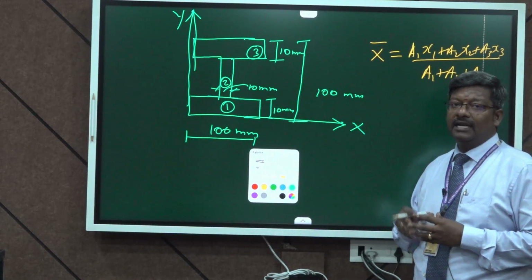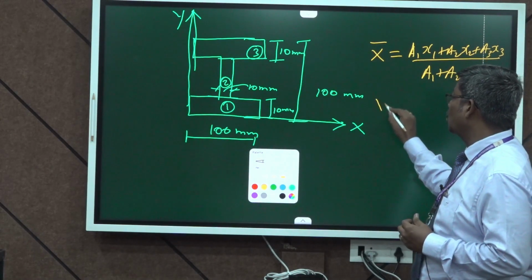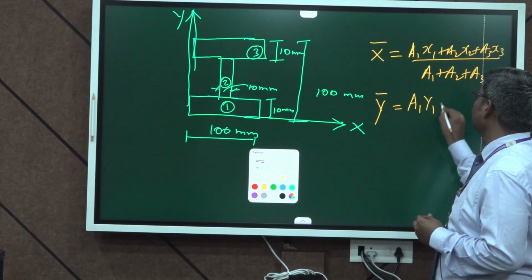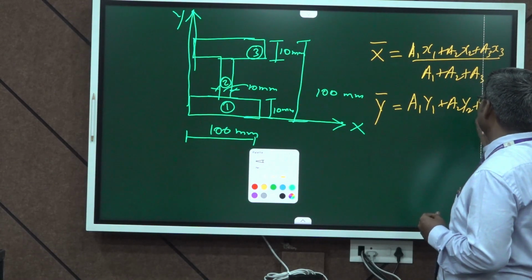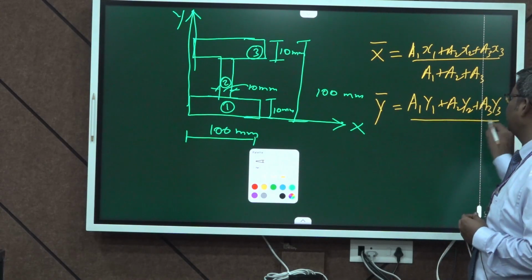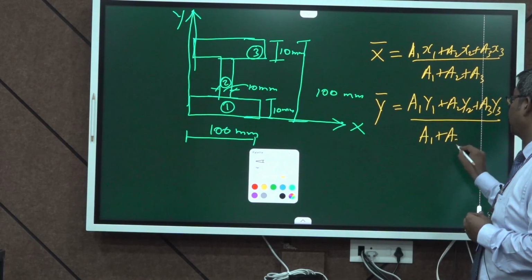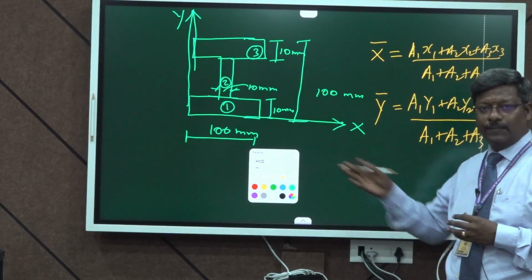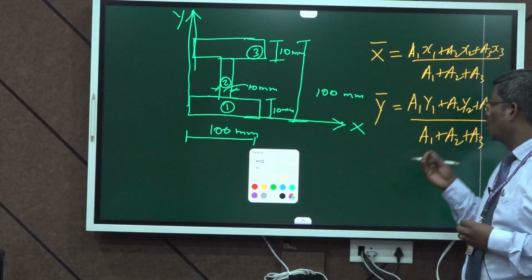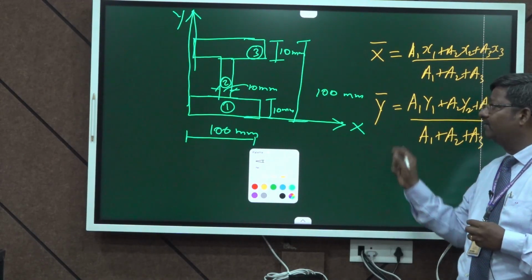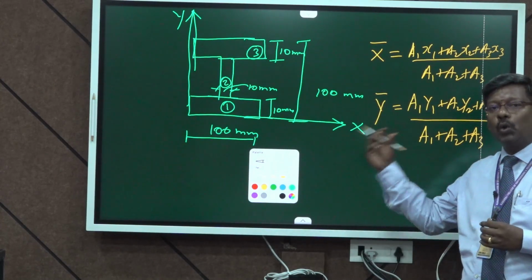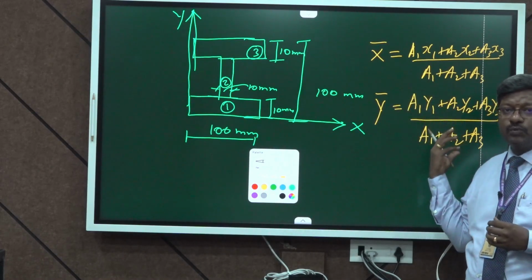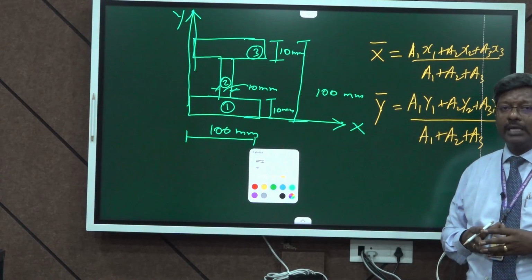Likewise, the center of gravity about the y axis, y bar, is a1 y1 plus a2 y2 plus a3 y3, whole divided by a1 plus a2 plus a3, where y1, y2, y3 are the centers of gravity of each smaller portion about the y axis. We need to find all these parameters first, then substitute the values to find the center of gravity about x and y axes.